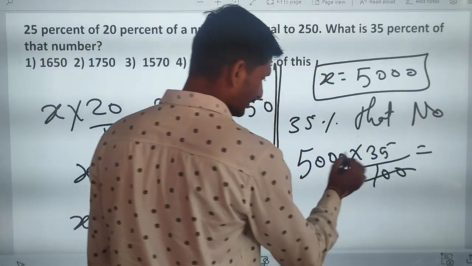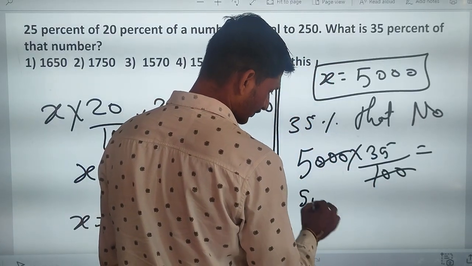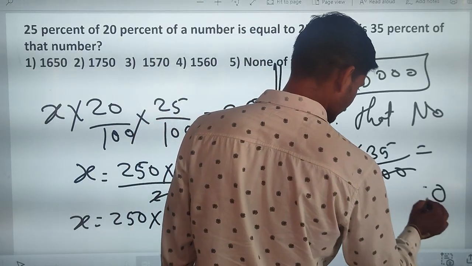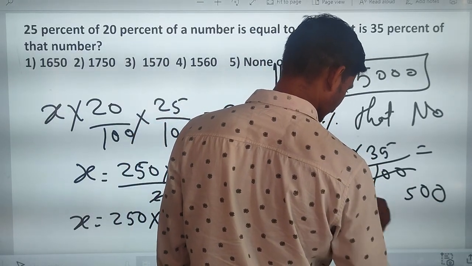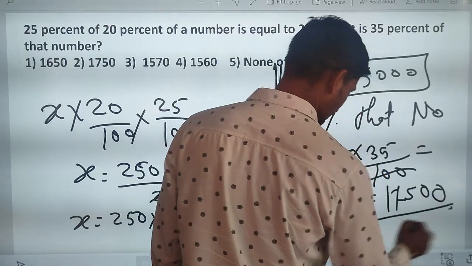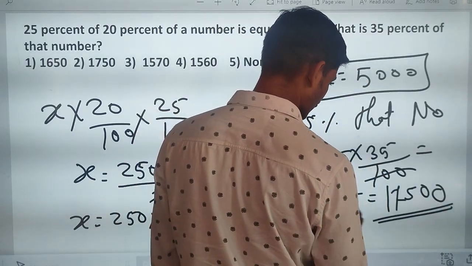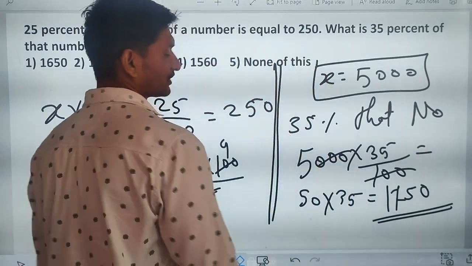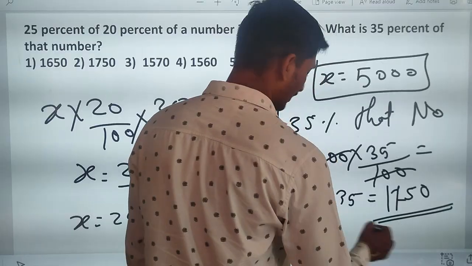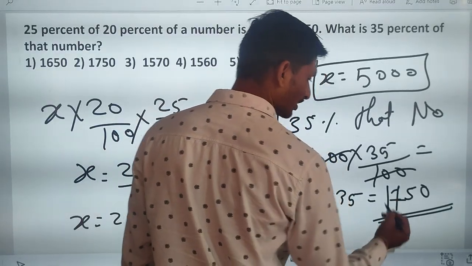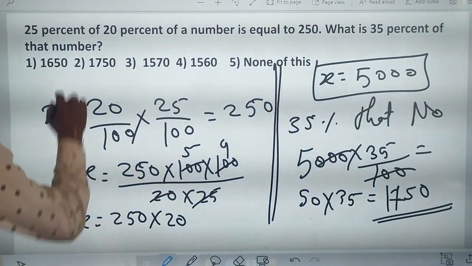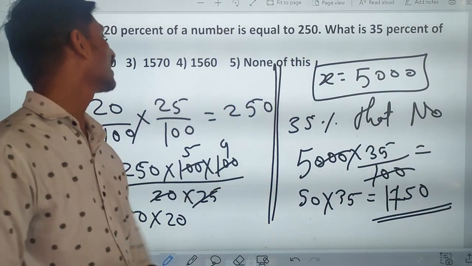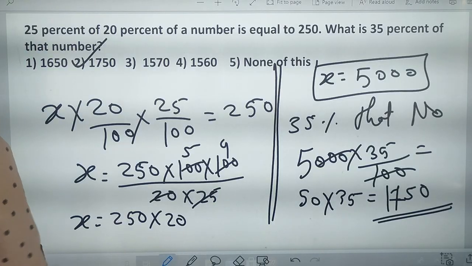We write here 35 is equal to 1750. Now your answer is 1750.